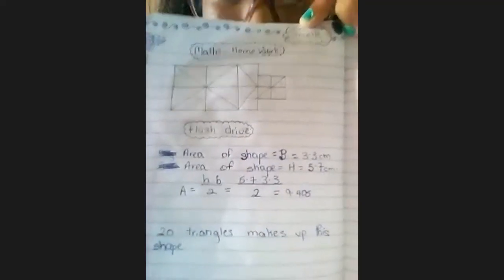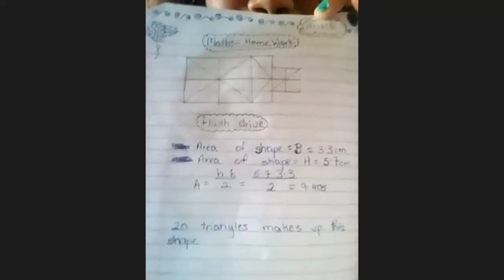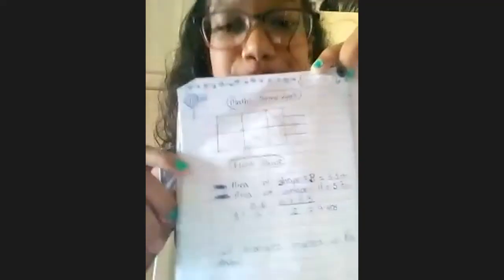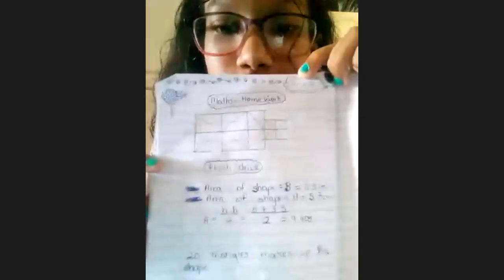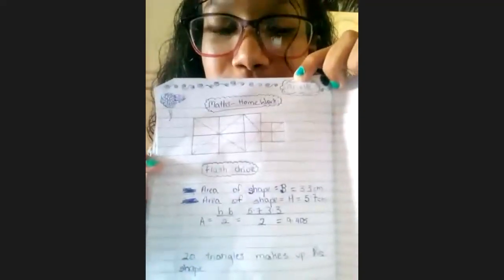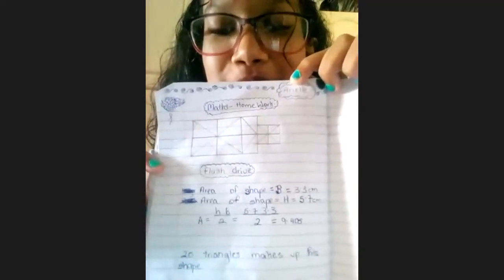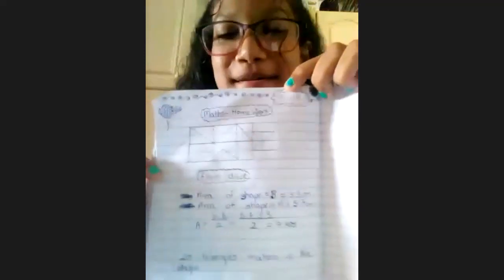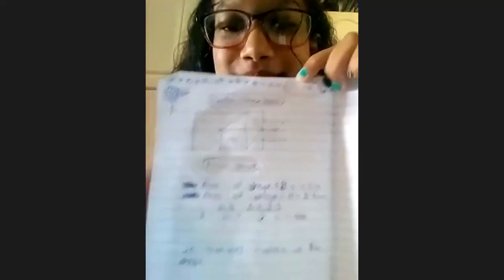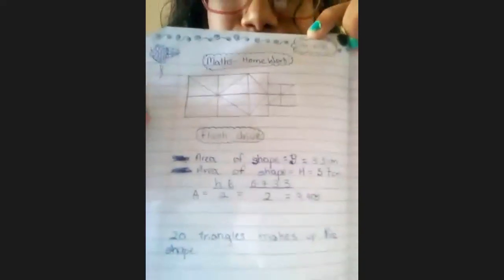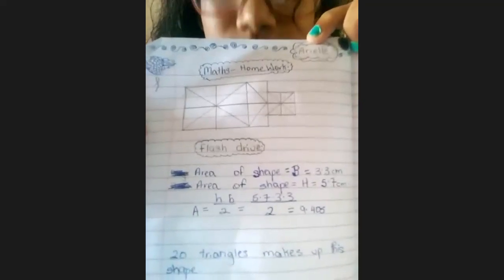When you write your decimals in the future, write them a little lower, because when you have a dot in the middle, it looks like you're saying to multiply it. So make sure you write it just a little lower so that we can tell it's a decimal. Good? Yes, sir. Okay, so you found the area of this triangle, which is 9.405 centimeters squared.